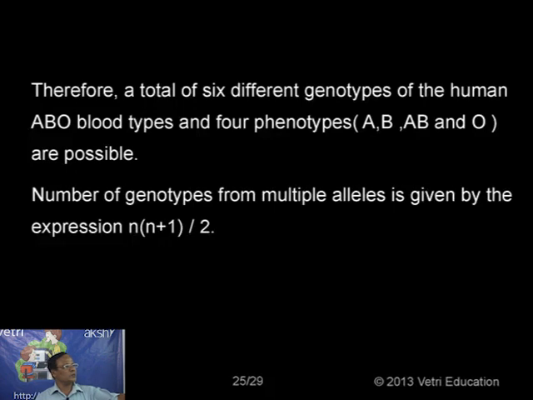Here there are 3 multiple alleles, so 3 into 4 by 2 gives 6. In the case of coat color in rabbits, there are 4 multiple alleles, so the possible number of genotypes would be 10. This is how we can easily calculate how many genotypes occur for a specific number of multiple alleles.